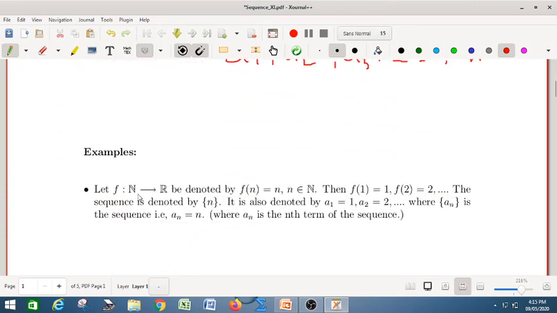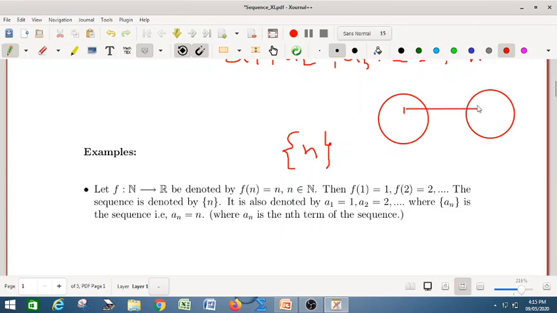Some examples: suppose f from N to R is defined by f(n) equal to n. The sequence can be denoted by {n} inside brackets. So 1 corresponds to 1, natural number 2 corresponds to 2, and 3 corresponds to 3. This is your correspondence.